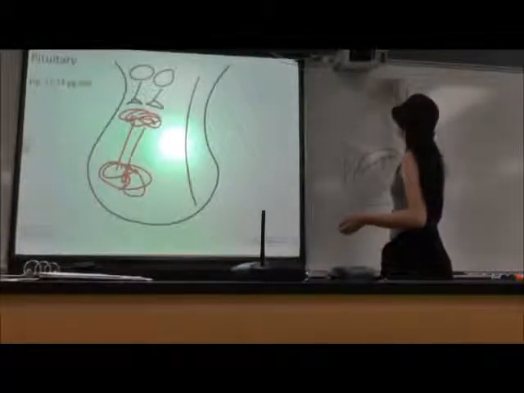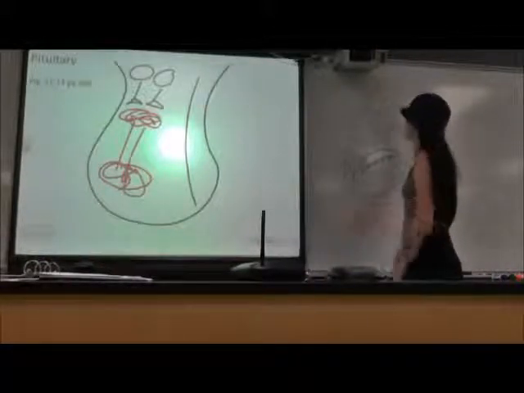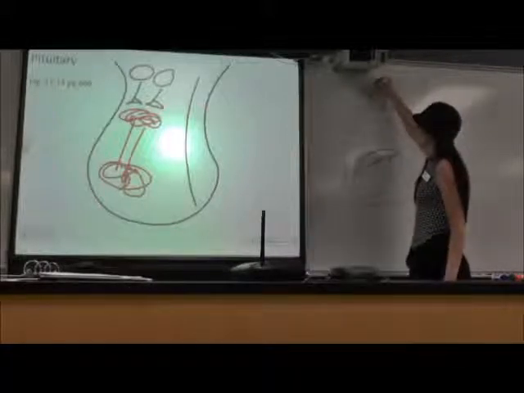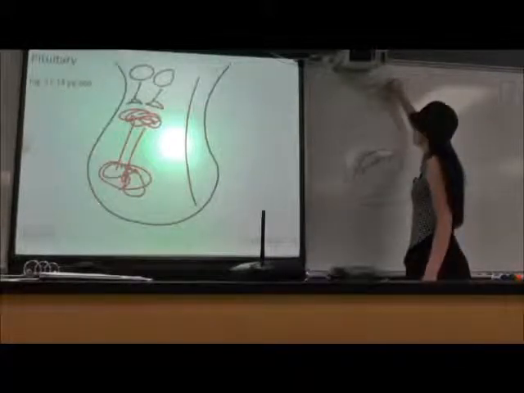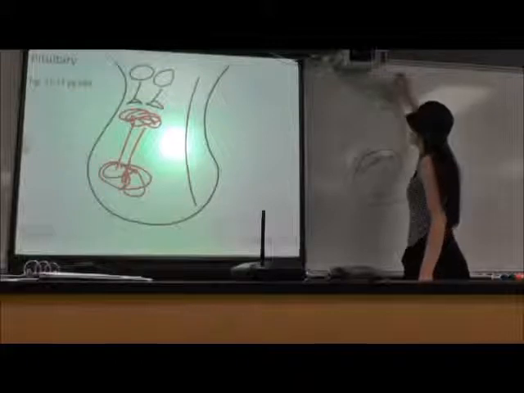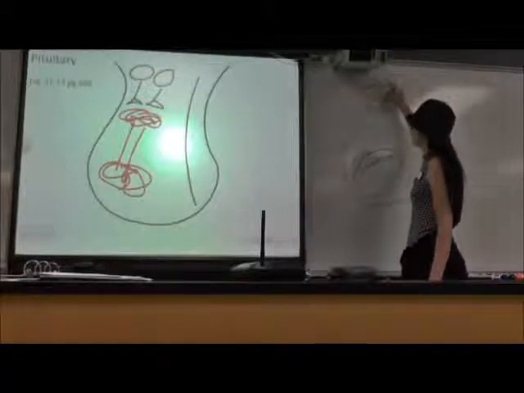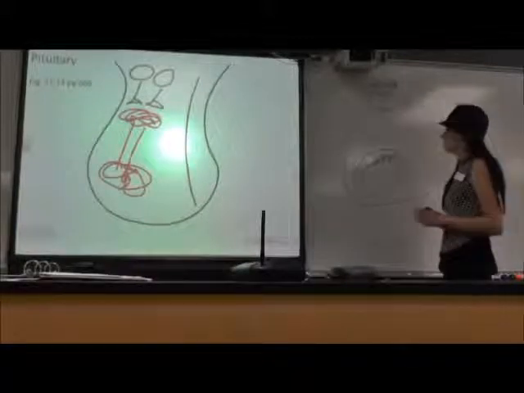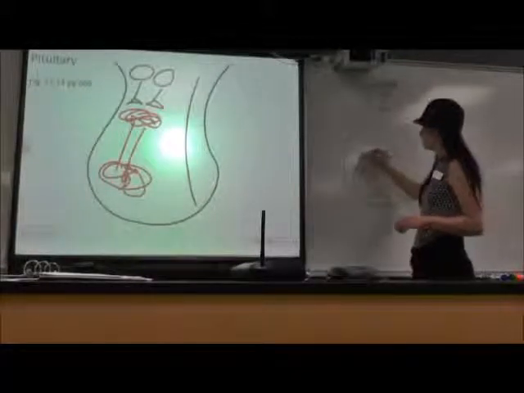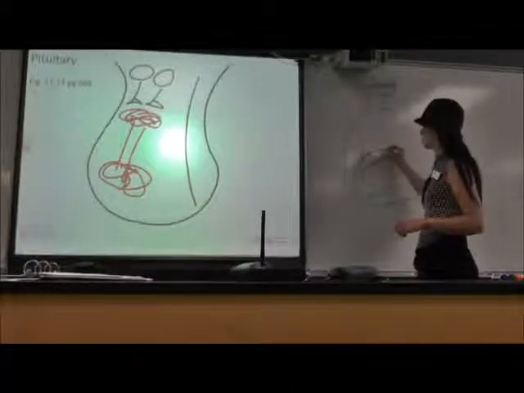So if we look at what's coming out of the hypothalamus and affecting these cells, we've got growth hormone releasing hormone, or growth hormone release-inhibiting hormone, which is this chemical called somatostatin. So both of those will affect our somatotropes.